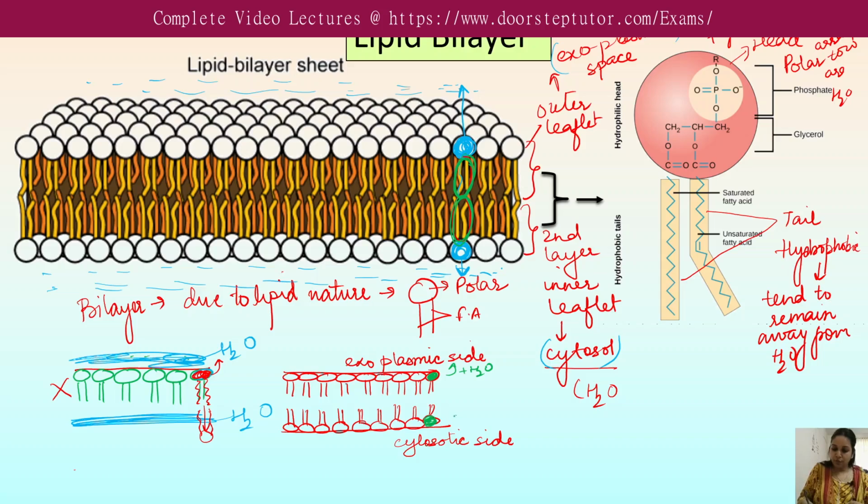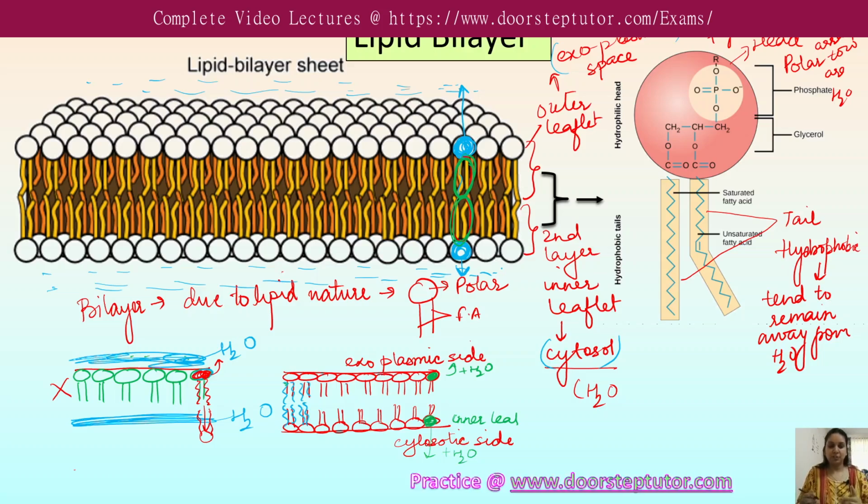The polar head of the inner leaflet is also attracted toward the water, no problem. And the tail region is also attracted to each other.